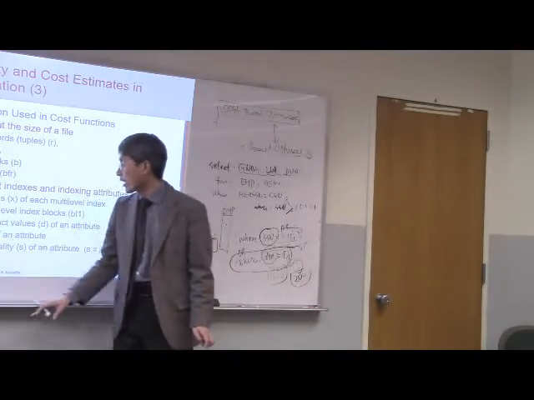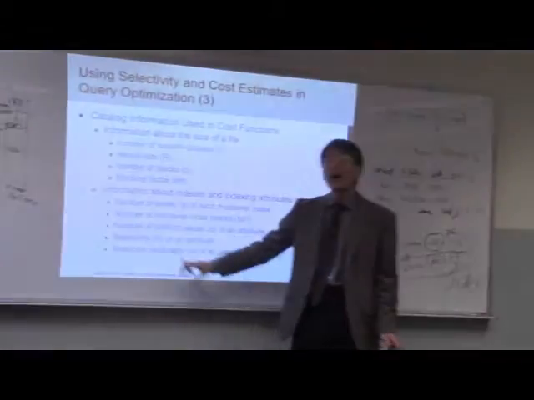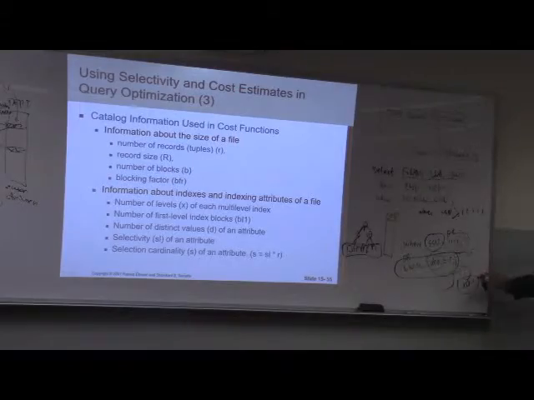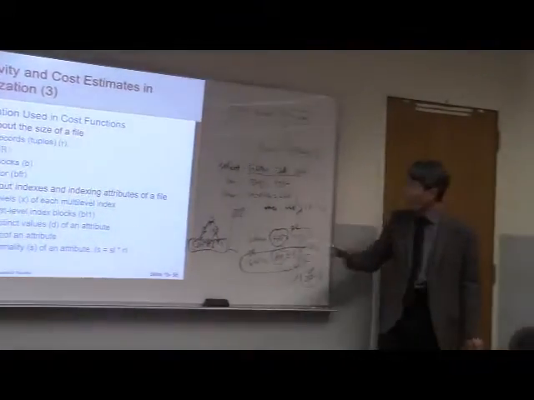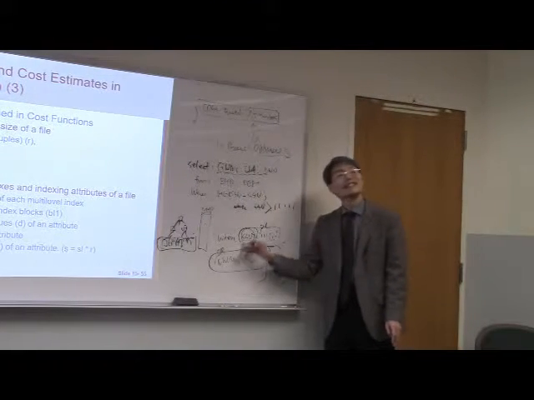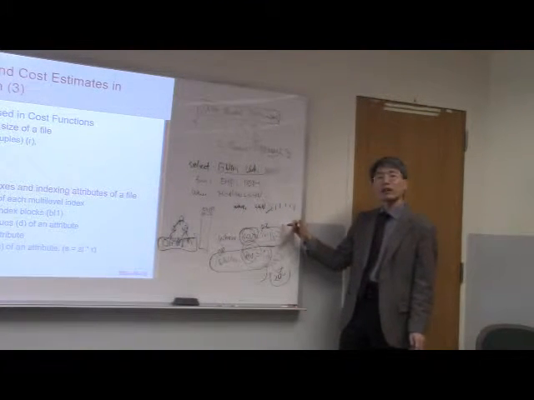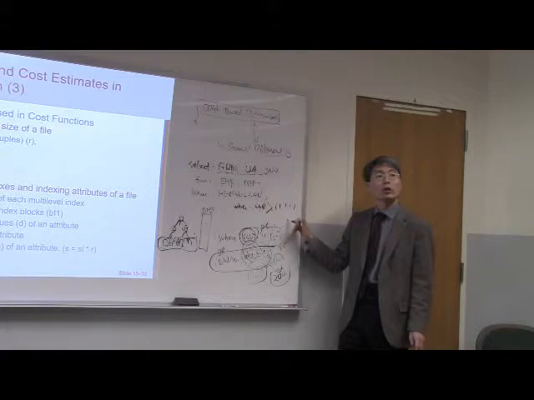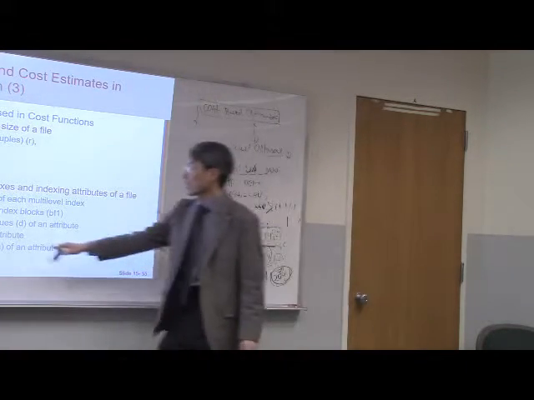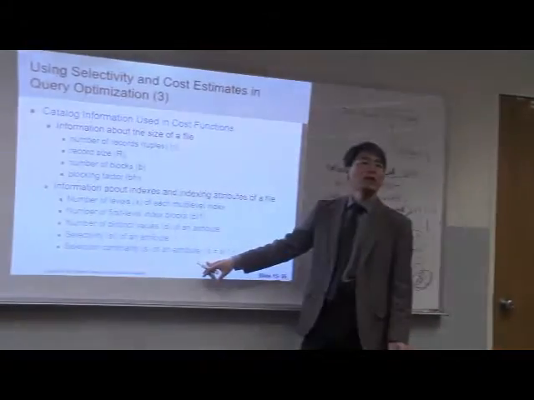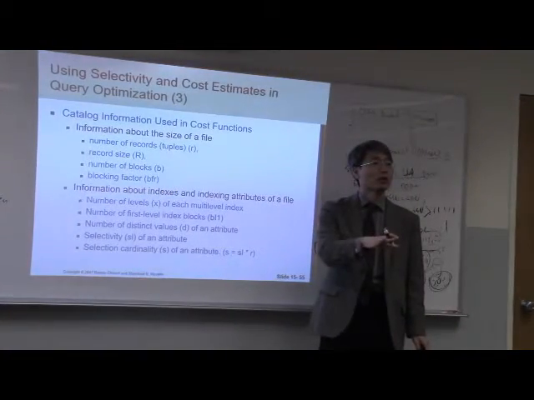Then selection cardinality means how many records will be returned when you use this column. In this case, how many will be returned? Only one. In this case, 200. That is called the selection cardinality for that attribute.